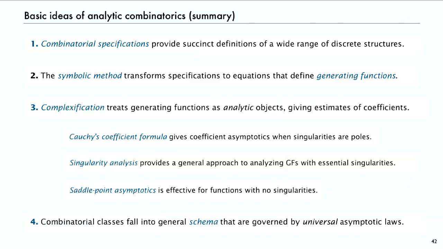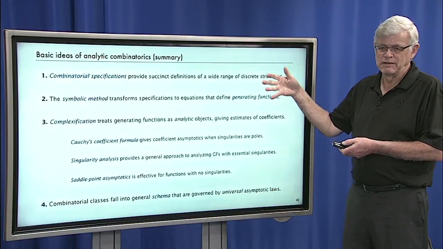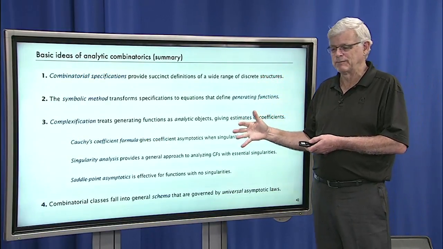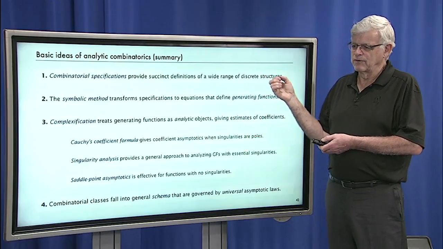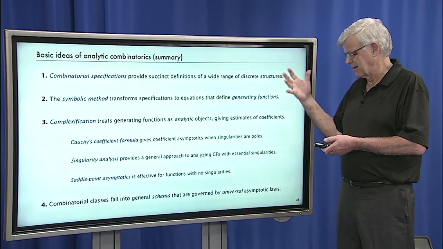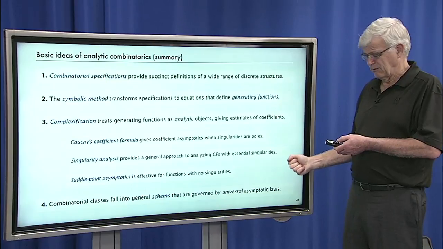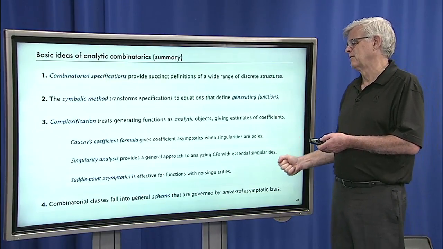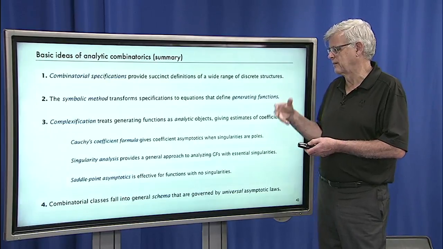And more important, in many situations we have a schema for various combinatorial classes that gives universal asymptotic laws. So in many cases we don't even need to go down to the detail of asymptotics. Certain combinatorial classes, just by their structure, have asymptotic laws that tell us quantitative bounds on their properties.